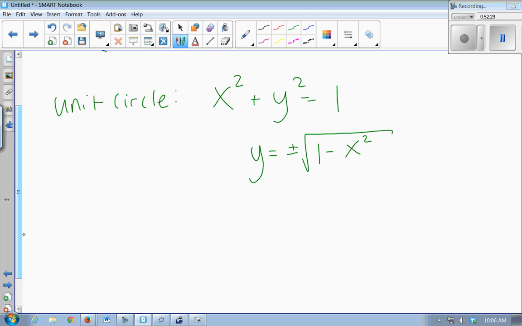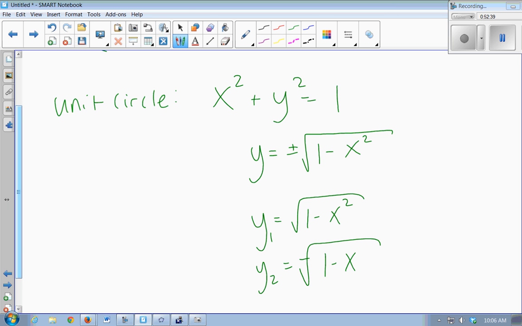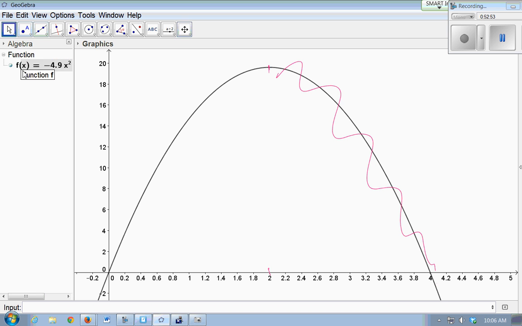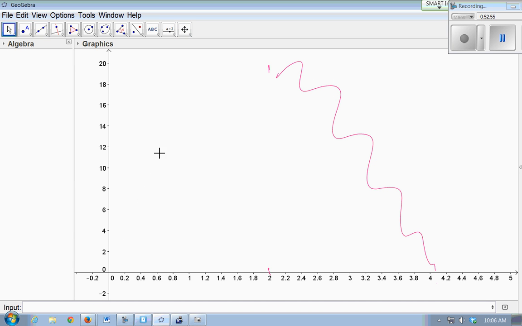So you have to have a positive square root and then another equation for the negative square root. If you wanted to use your graphing calculator, you'd have to put in two different equations. Here's one place where GeoGebra has an advantage over the graphing calculator: it will graph implicit functions.